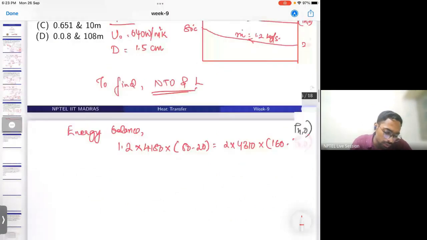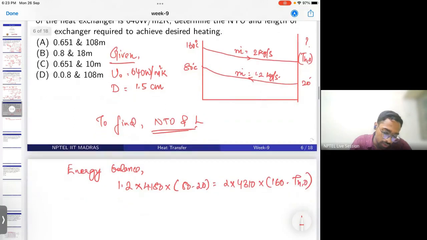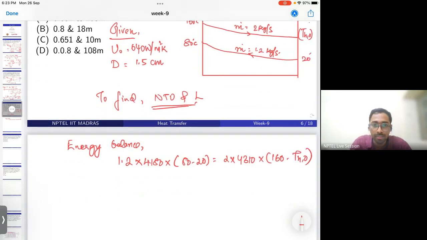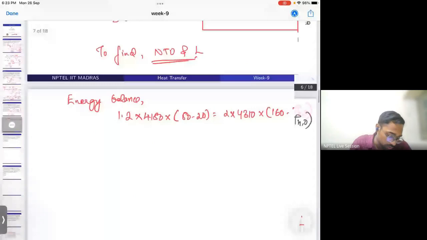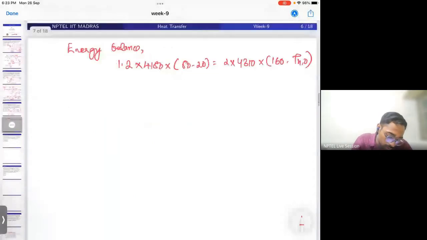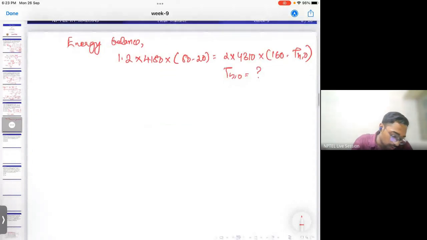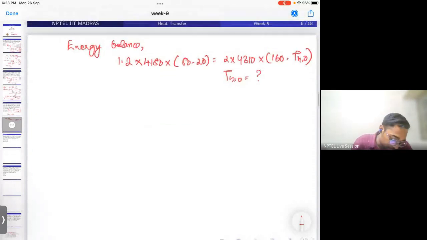Actually in this, finding out THO is not required. Even without finding the exit temperature, we can solve this question. But just for your knowledge, you can find out what is THO.